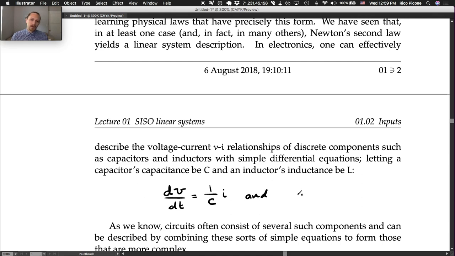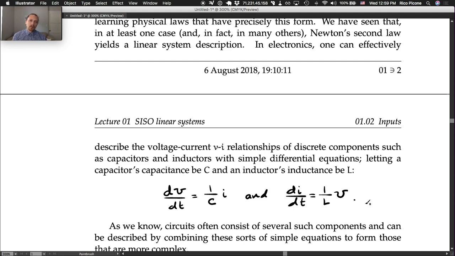And for an inductor, it's similar, but sort of the dual of that. So the time derivative of the current is equal to 1 over L times V. So these are two simple linear ODEs.